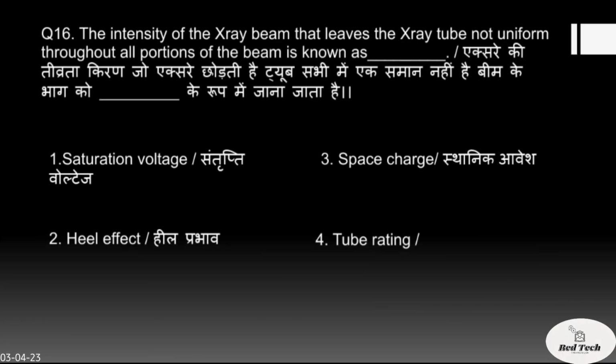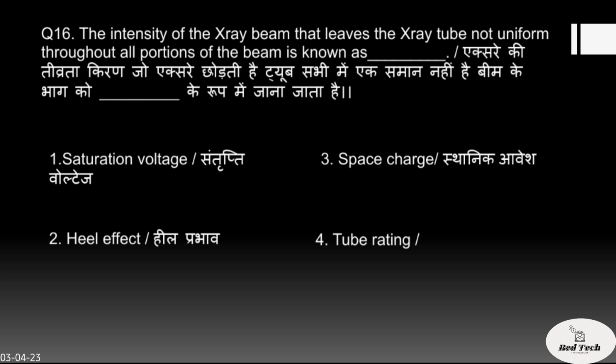Question 16: the intensity of the X-ray beam that leaves the X-ray tube is not uniform throughout all portions of the beam. What is this known as? Options are: option 1 saturation voltage, option 2 Heel effect, option 3 space charge, option 4 tube rating.